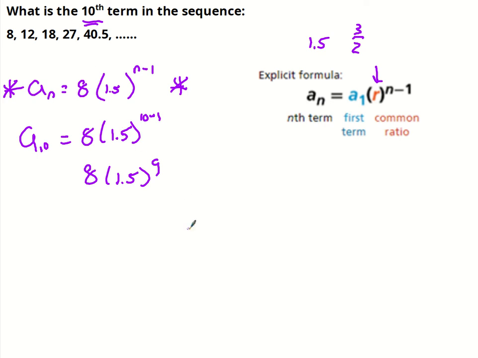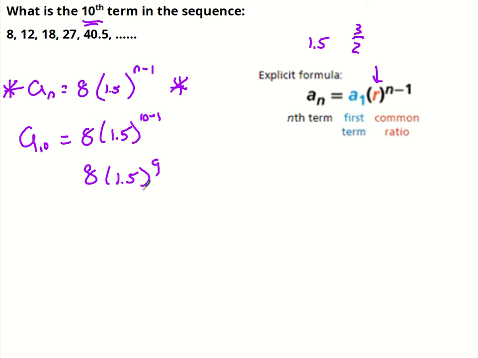And this is where I get to figure out, well, what is 1.5 to the power of 9? I'm plugging that into my calculator right now. I get 38.443359375. I'm going to leave that in my calculator, then multiply it by 8.